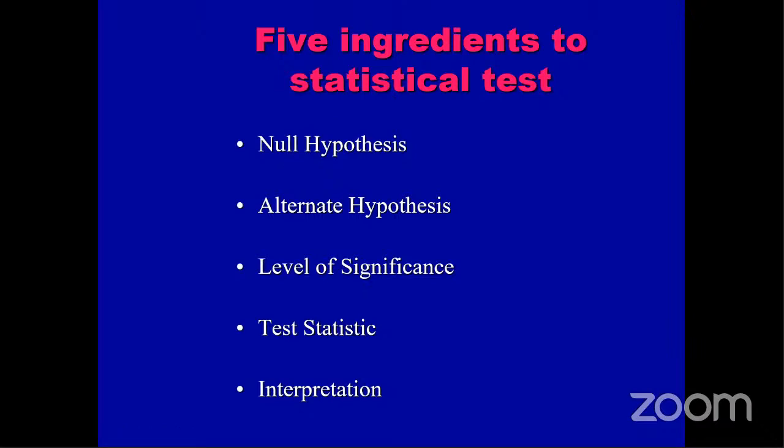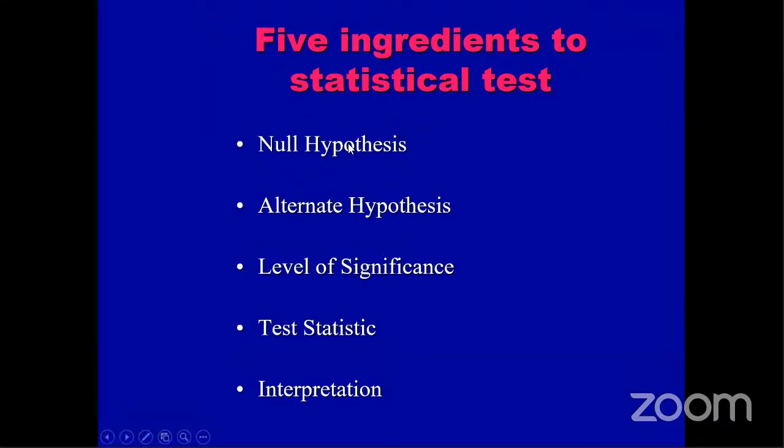So you need to assume that process. If you want to compare the heights of Indian and Chinese people, what we actually assume in the beginning is that there is no difference between the average heights of Indian and Chinese people. We are just assuming.